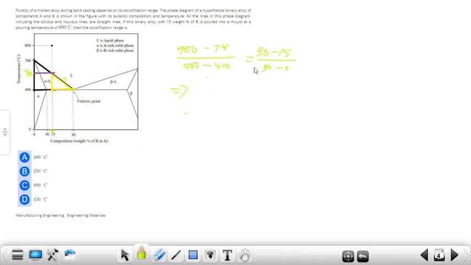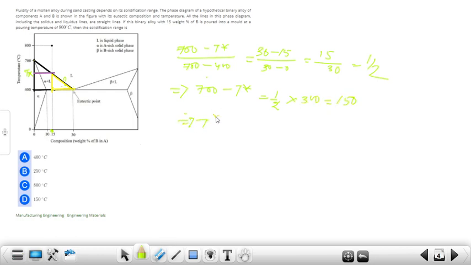So we can get this is 15 divided by 30, which is equal to half. So 700 minus T star equals half times (700 minus 400, which is 300), which is equal to 150.